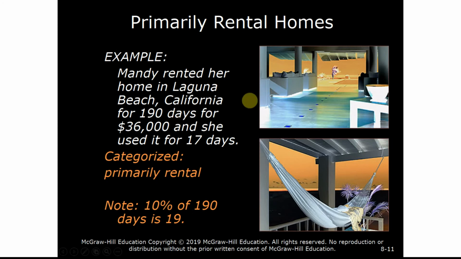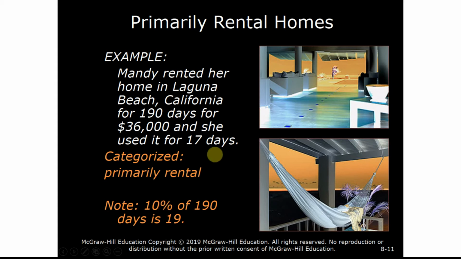Here's a case where Mandy rented her home in Laguna Beach, California for 190 days for $36,000, and she used it for 17 days. Well, this would be primarily rental, because remember the test: it's not used for personal purposes for more than 14 days, or 10% of the days it's rented. 10% of the days it's rented is 19 days, 190 times 10%.